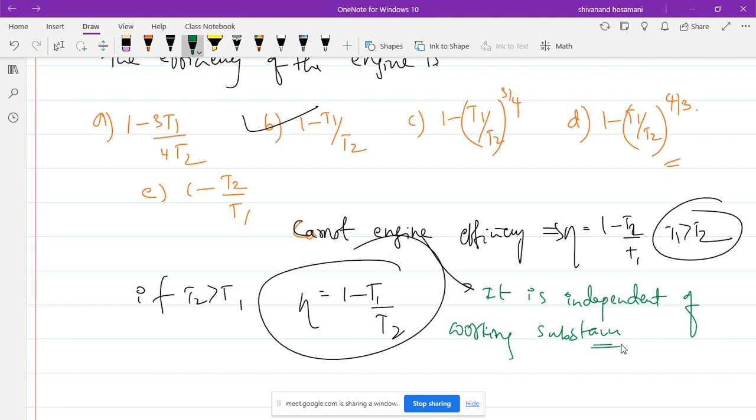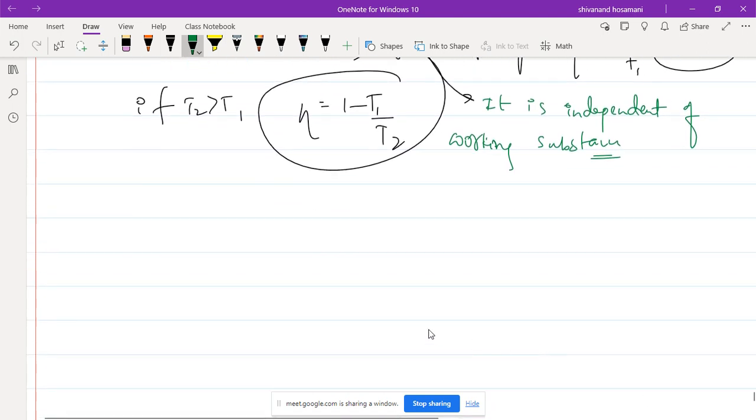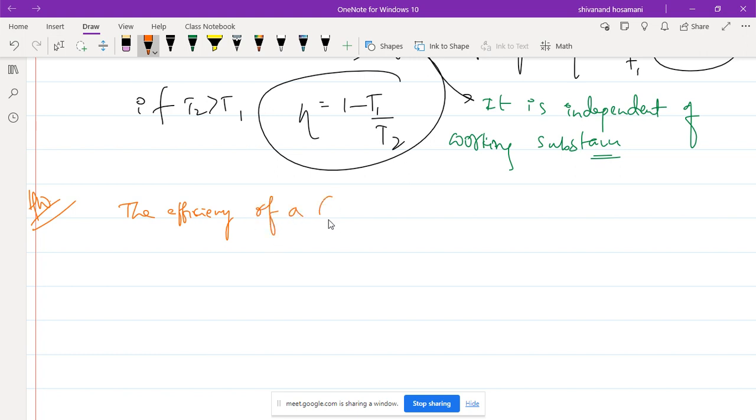I will give another problem as homework, try it. The efficiency of a Carnot cycle is 1 by 6.